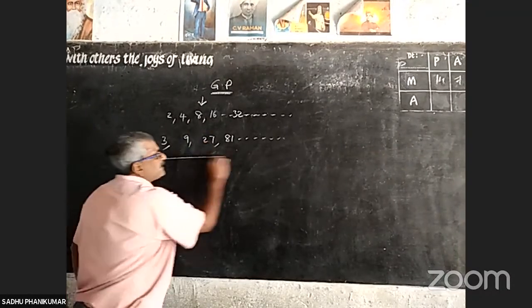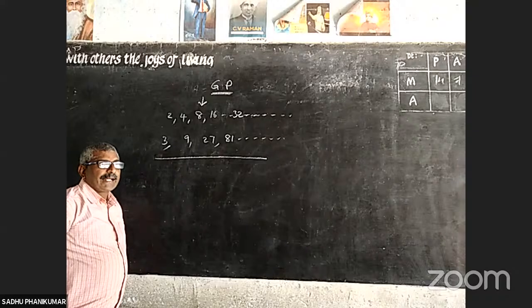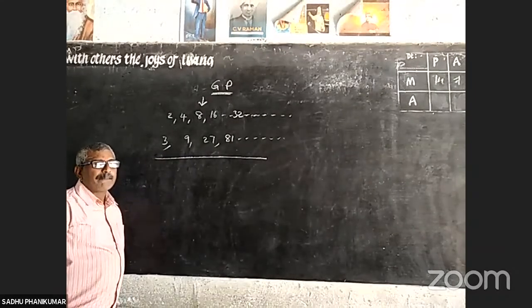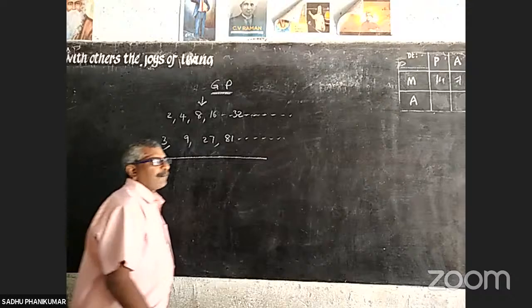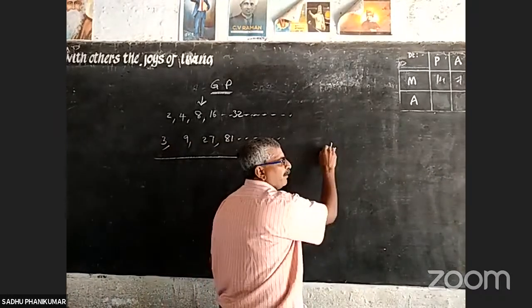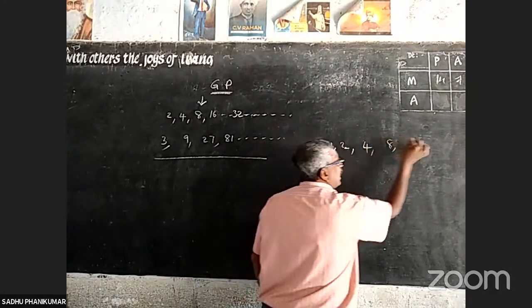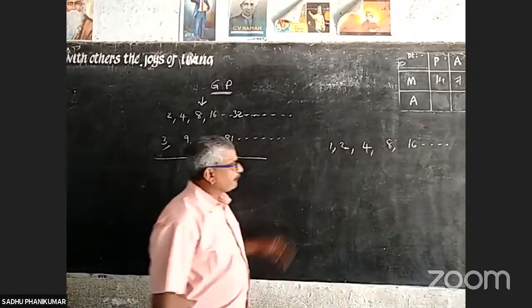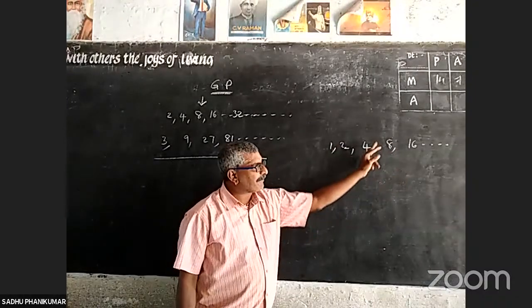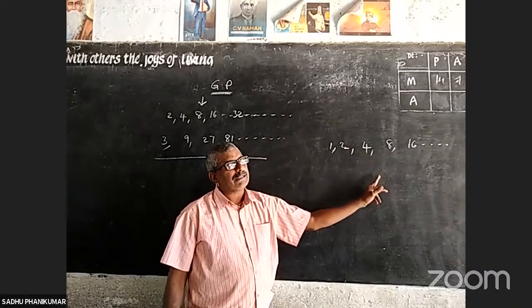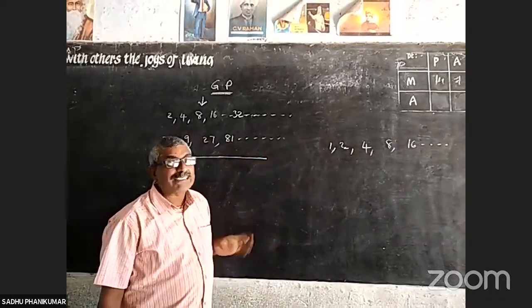That means in a sequence of numbers, if the next term is obtained by multiplying its previous term with a fixed number, like 1, 1 to 2, 2 to 4, 4 to 8, 8 to 16, then except for the first term, every term is obtained by multiplying its preceding term with a fixed number.